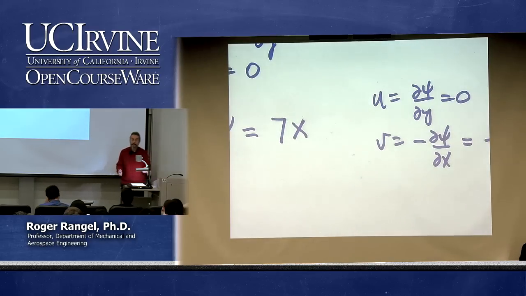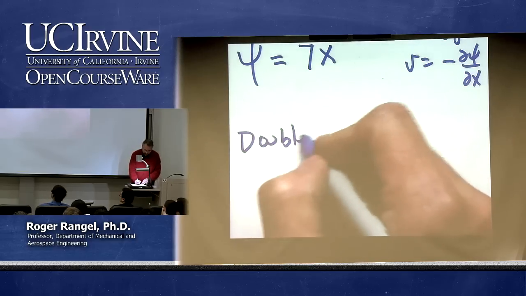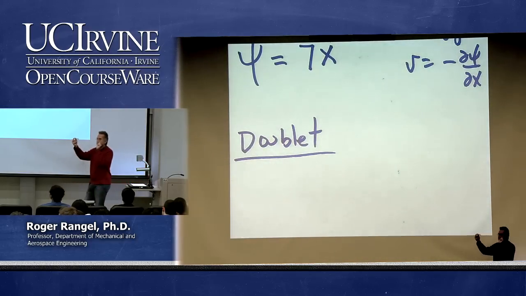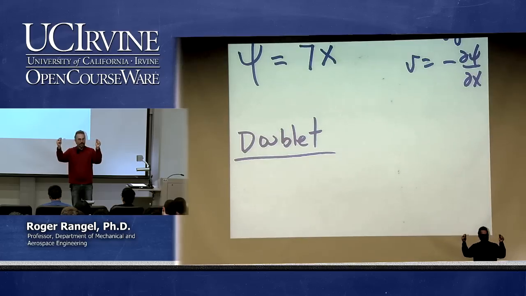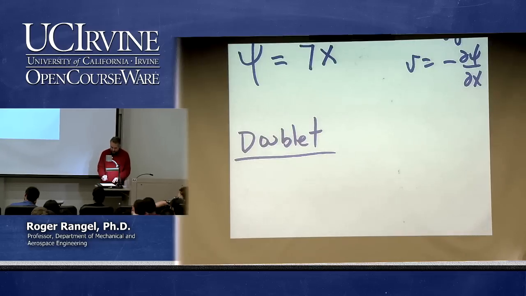The doublet has a direction associated with it because, remember, the doublet came from putting a source and a sink that were horizontal, and we put them in the center. As a result, the doublet has an orientation to it.